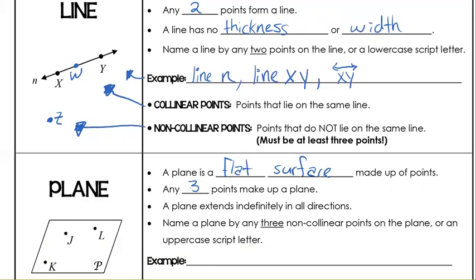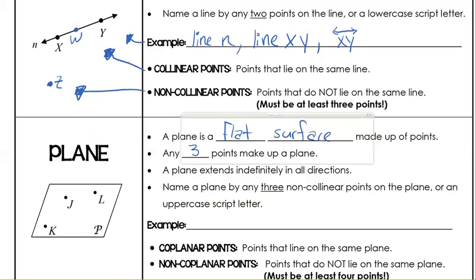That's a plane. And 3 points, that's a triangle. So if you cut it into a triangle, you have a triangular plane with 3 points. Now, a plane extends indefinitely in all directions, so you could stretch it out forever. So you could go this way, that way, that way, that way.